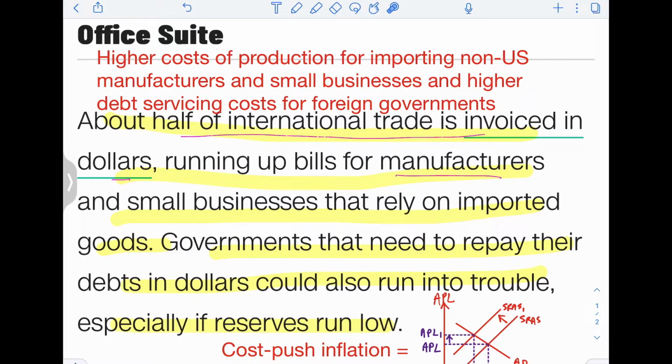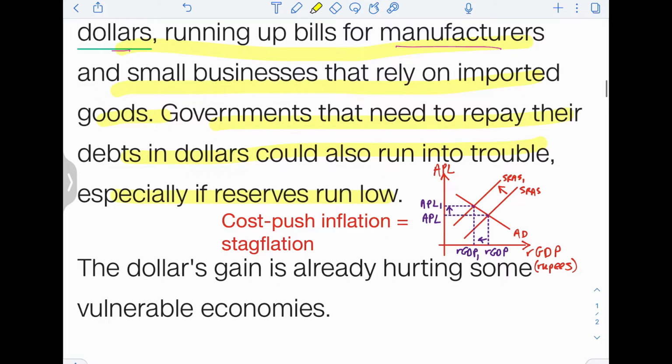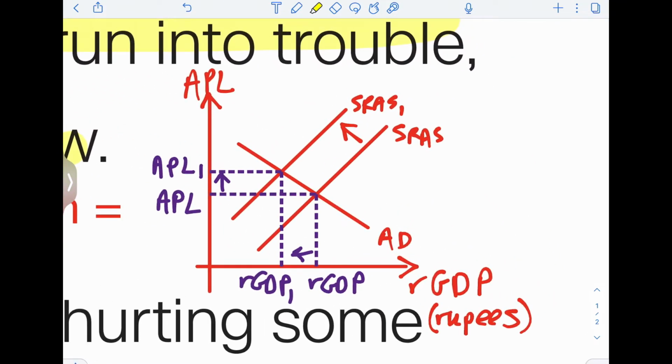So you have higher costs of production for importing non-US manufacturers and small businesses, and higher debt servicing costs for foreign governments. Foreign governments that have to repay whatever money they borrowed in US dollars, because investors won't accept their own local currency, are also getting into trouble. So what that's causing is cost push inflation in many economies.